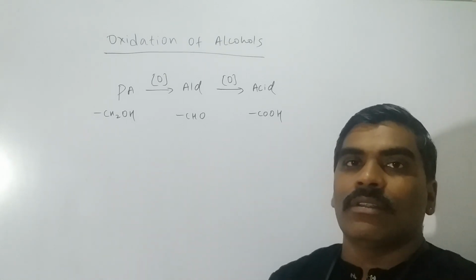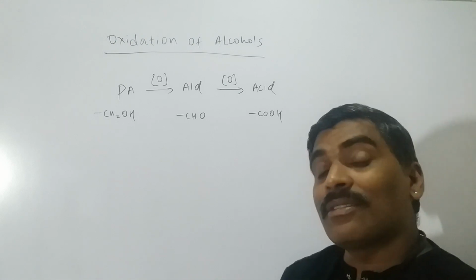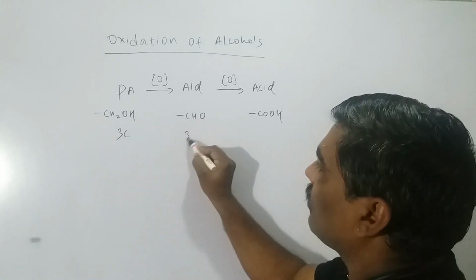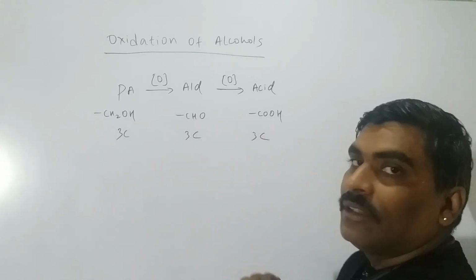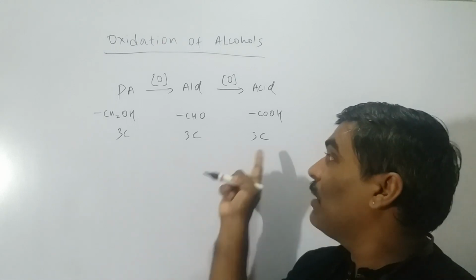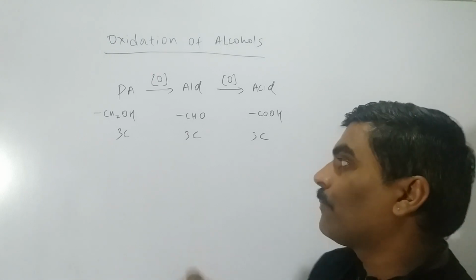Now in this primary alcohol, the number of carbon remains the same throughout the reaction. Like if you have 3 carbon, 3 carbon, 3 carbon, the acid which is obtained contains the same number of carbon which is there with the alcohol.